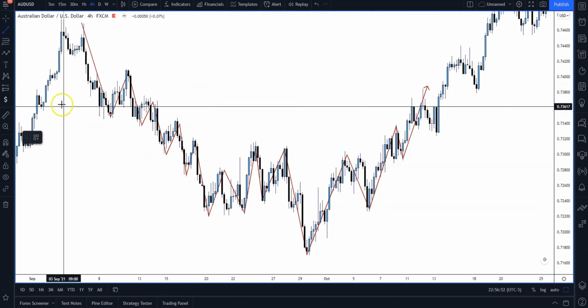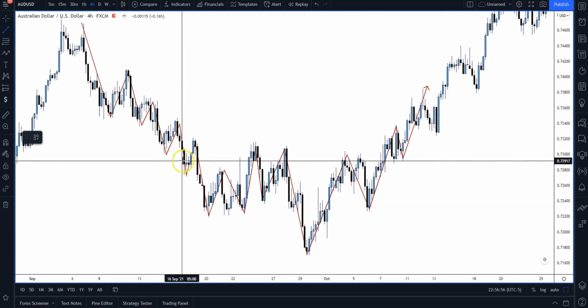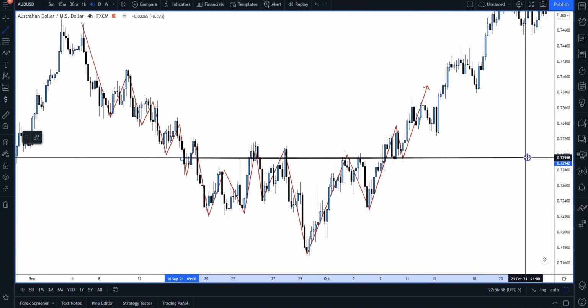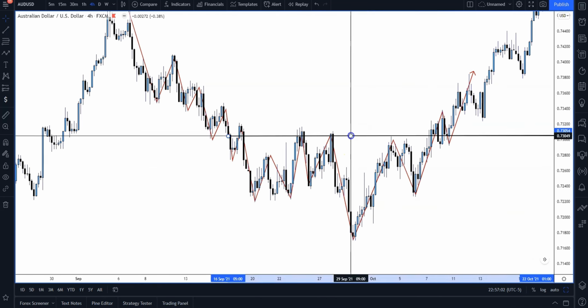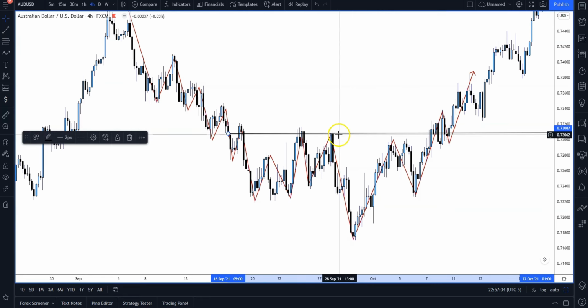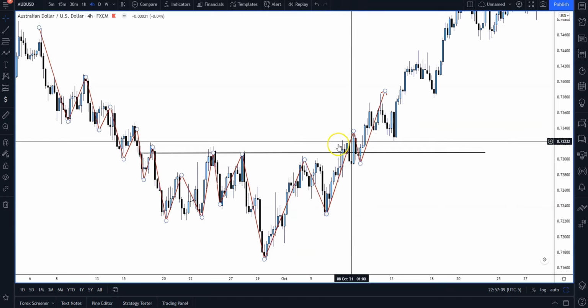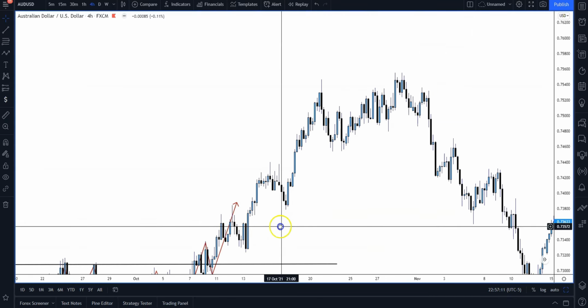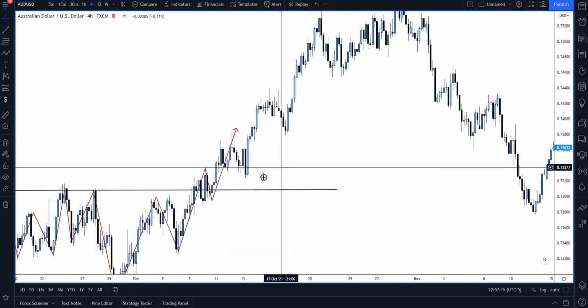And we're going to get more into that when we talk about support and resistance. Being that this was the previous high, you draw a line there. It broke that previous high, so now the market direction has changed. And the same over here.